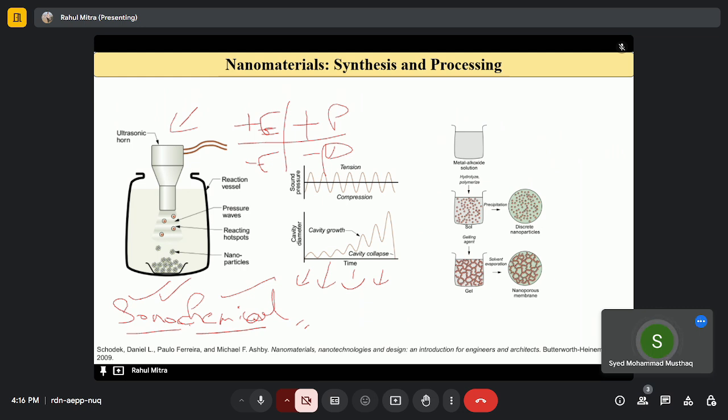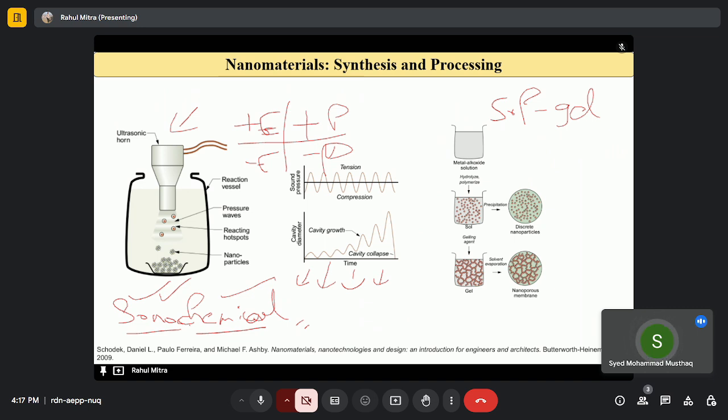Now the next is the sol-gel process. This again is for making zero-dimensional nanomaterials. In sol-gel we have a solution of precursor, mainly metal alkoxides, subjected to polymerization to form a sol.